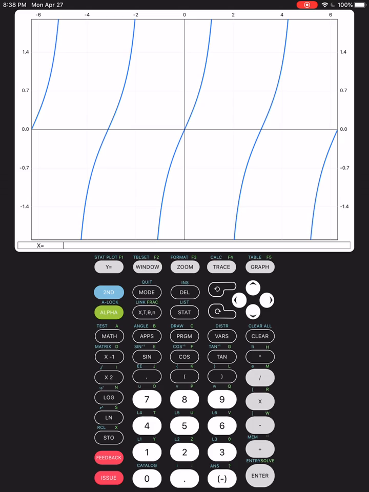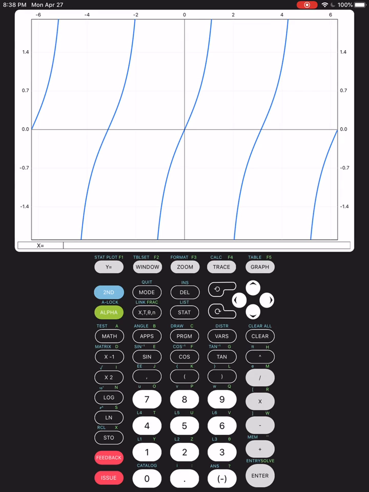So when you go back to your unit circle, cosine is equal to 0 at 90 degrees and 270. So if you were to look at your asymptotes, they should be at 90 degrees or pi over 2, and 270, which would be 3 pi over 2.